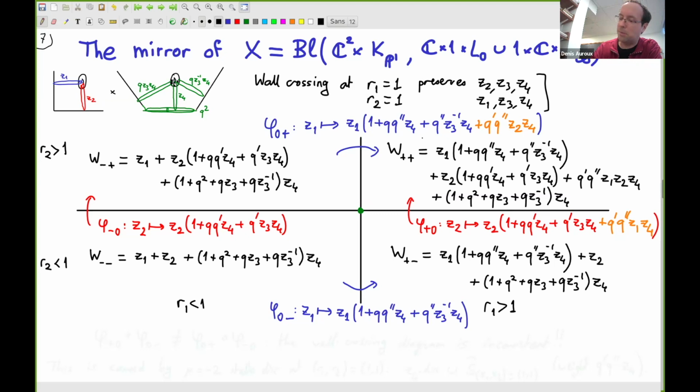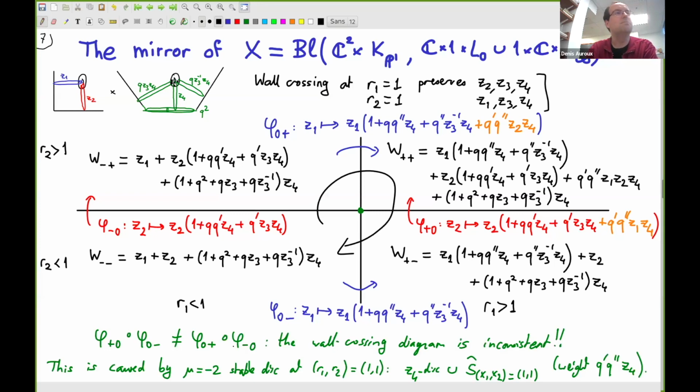And then we have a problem, because you can compute now the product of all of these coordinate changes, and you don't find identity. Okay. And it's not a bug, it's a feature. And the reason is that at this middle place, radius 1 for both things, I can just take this disk Z4 that goes straight down, and then this sphere, which had this very negative normal bundle, and this is going to be a stable disk of Maslov index -2, which is generic.